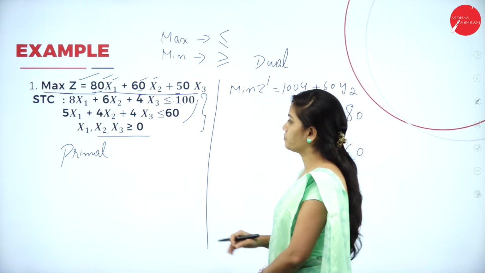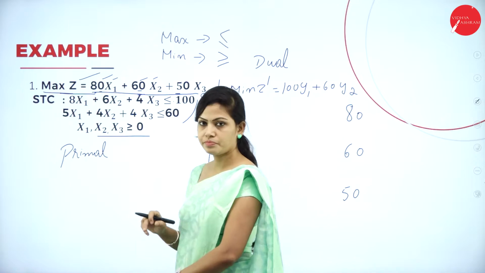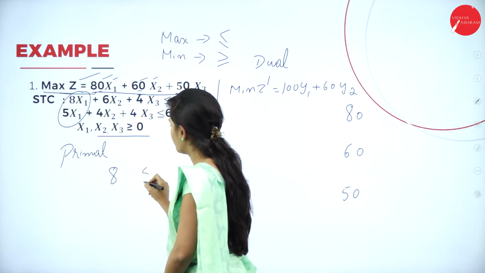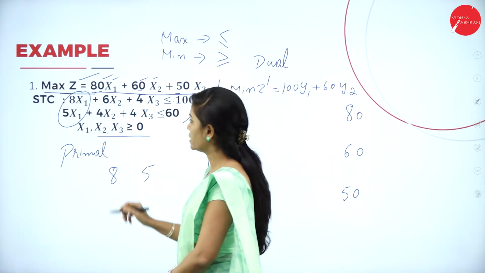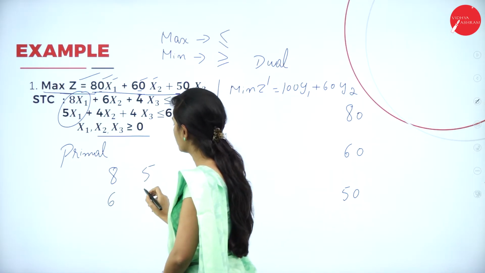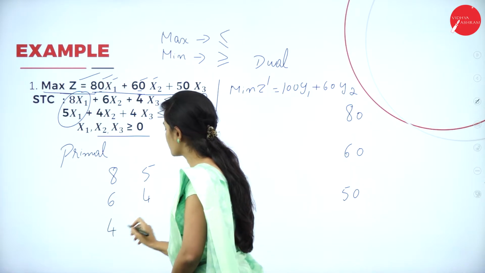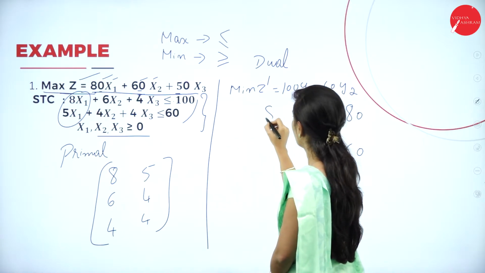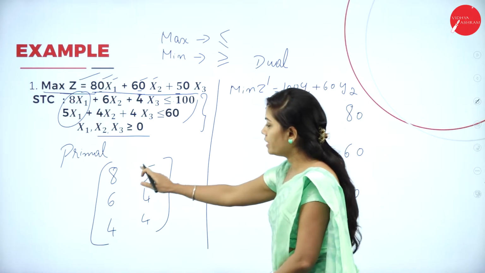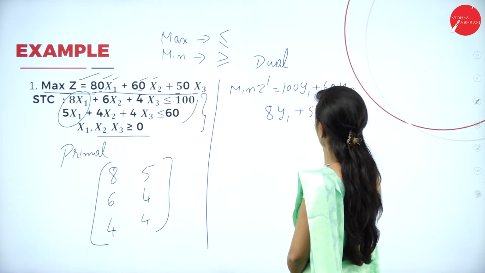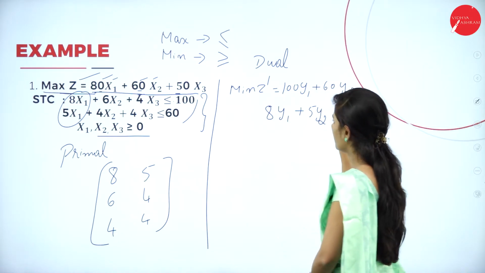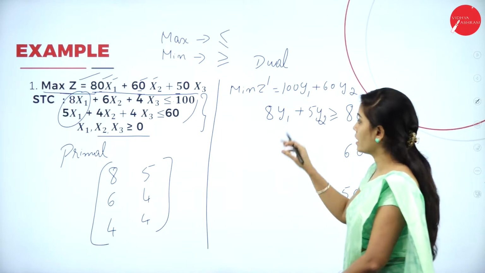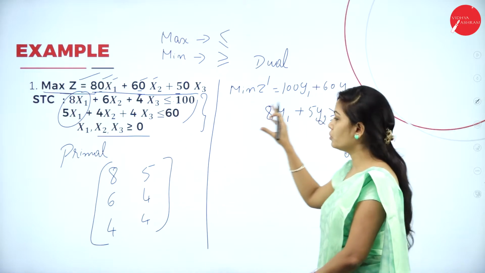And what is the next step? You just observe this constraint. All the columns will become rows, as in the matrix method, and all the column values will become rows. 8y1 and 5y2 is my constraint, greater than or equal to 80, because I am converting this primal into dual.